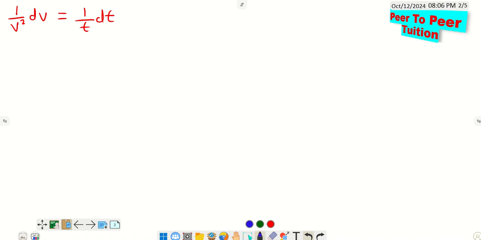What we have to do is to integrate both sides. Now we can do the integration easily. We know that 1 over v squared can be written as v exponent negative 2. And if I integrate this, I'll add 1 to it and divide by negative 1. So I'll get v exponent negative 1 over negative 1, which is the same as negative 1 over v.